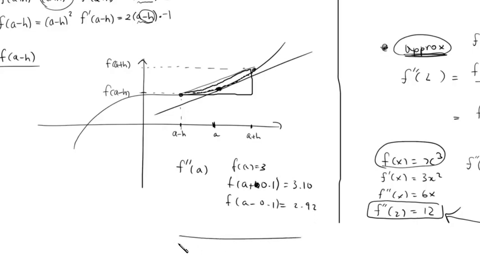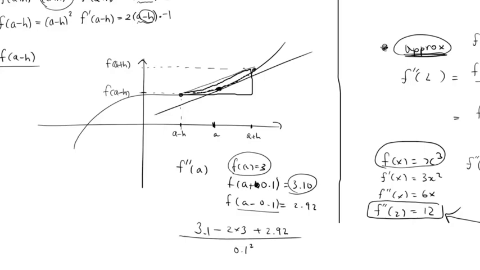All you have to do is plug this in: 2 times 3 in the middle, plus 2.92, and 3.1 goes over there, over 0.1 squared. That's how you do it, I think.